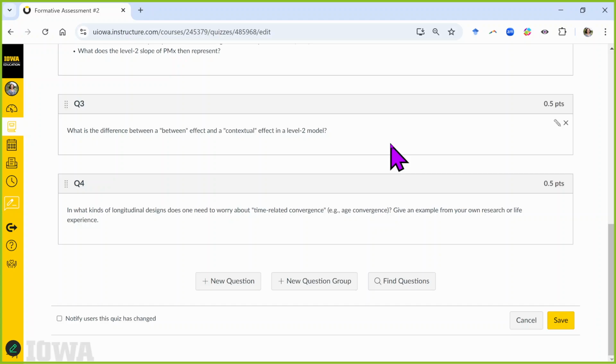When do we need to worry about this? When time is unbalanced and people don't all start the study at the same age. Yes, when people start the study at different points along the time metric that you're using. So it could be age.